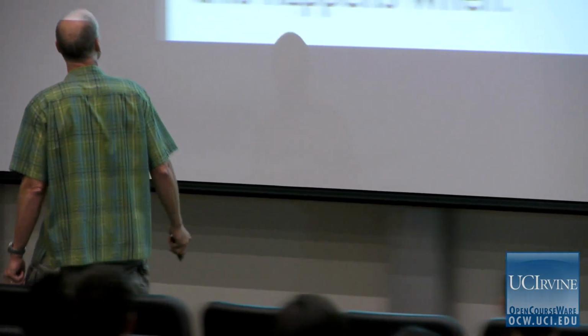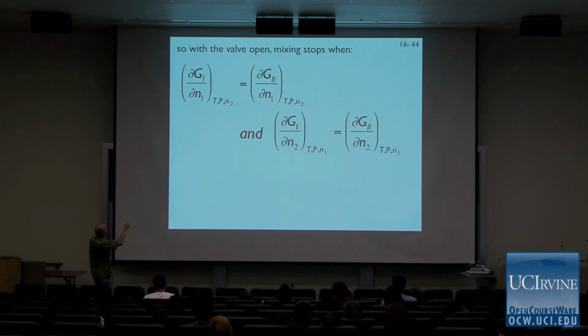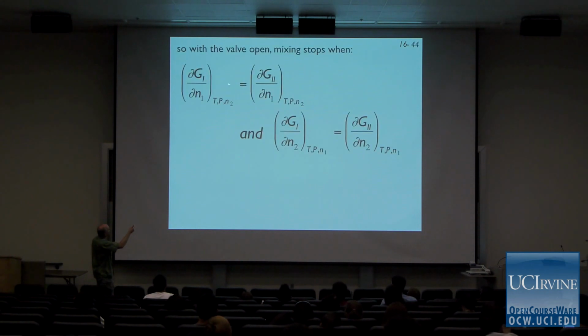Now, that's profound, although it's not obvious that it would be. So if that has to equal that and that has to equal that, these two things have to be equal to one another, and these two things have to be equal to one another.